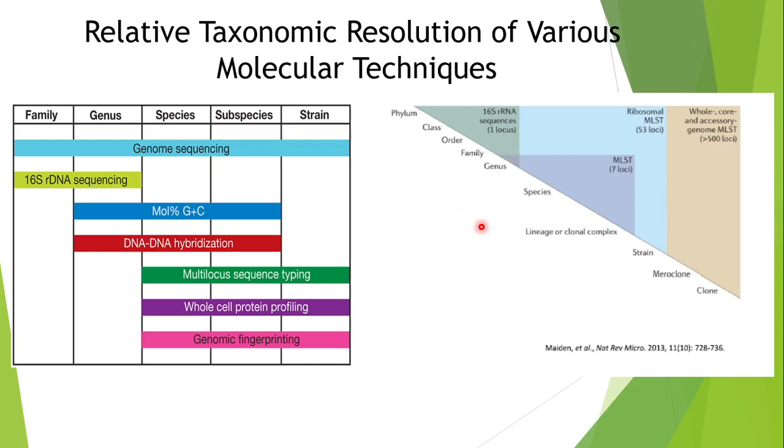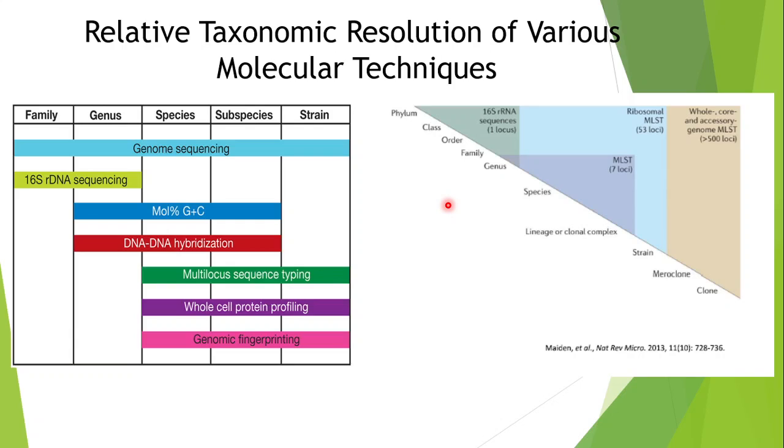So lastly, here is the comparison of taxonomic resolution of various molecular techniques. And we can see that traditional MLST classifies organisms up to the strain level.